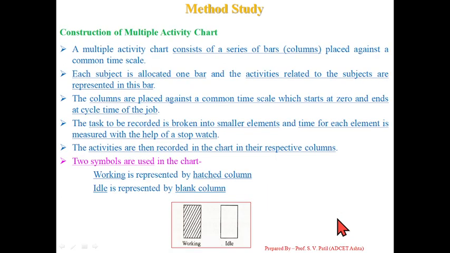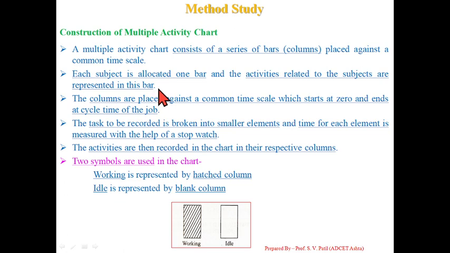We learn the fundamentals of constructing this multiple activity chart. A multiple activity chart consists of a series of bars, that is columns, which are placed against the common time scale. Here we are supposed to use a stopwatch and record the time for the subjects under study.